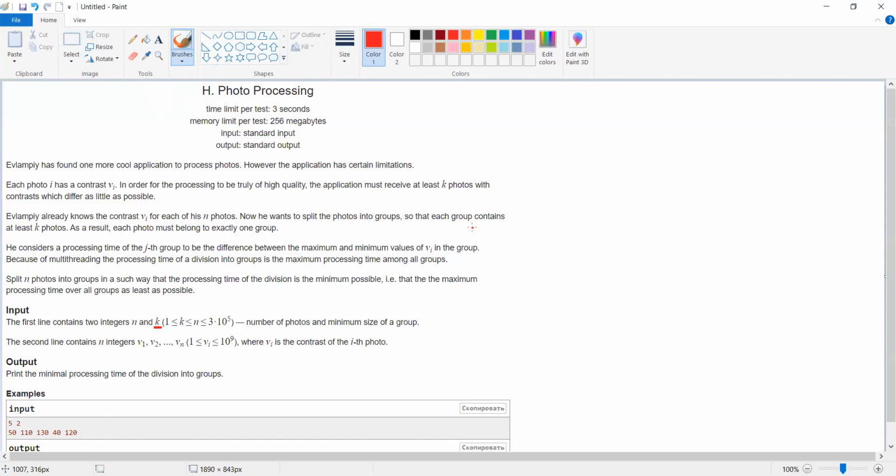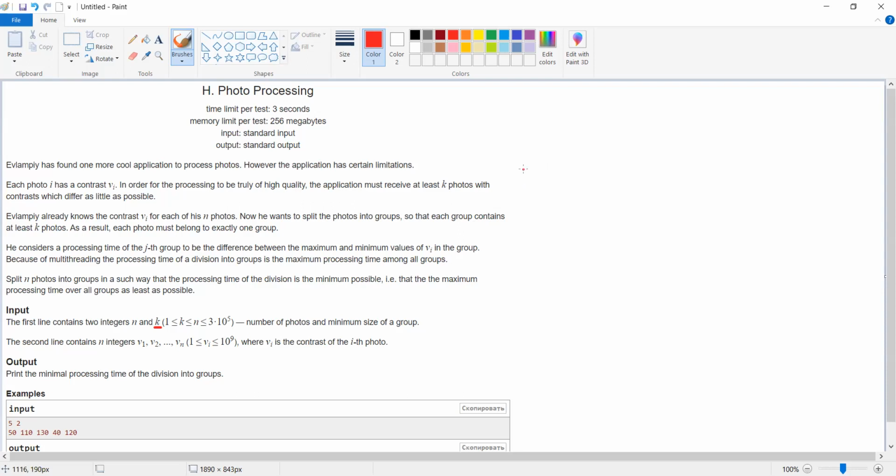Then we find the difference between the smallest and largest number in each subarray. Over all subarrays, we take the maximum of this difference, which is our answer. So we need to minimize this number.